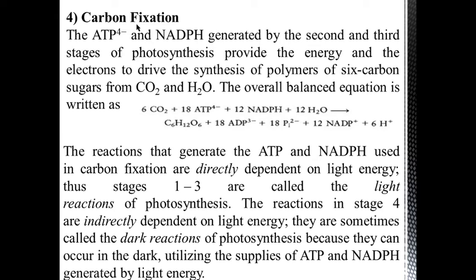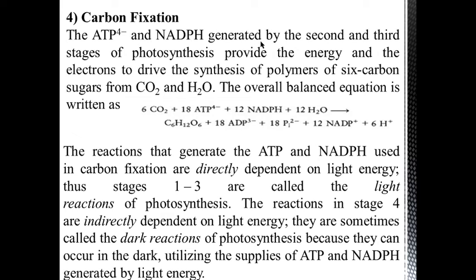Why is it called the dark phase or light independent phase? Because there is no need of light for the conversion of carbon dioxide to carbohydrates. When stomata open, the atmospheric carbon dioxide enters into the leaf, and this carbon dioxide is converted into carbohydrates.